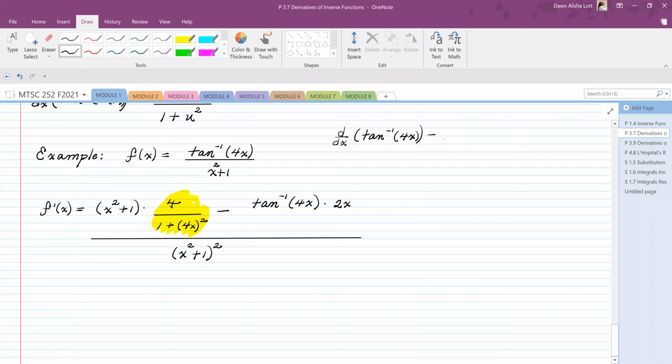It says take 1 over 1 plus 4x squared and then multiply by the derivative, which is 4. So that's that whole piece. So you get the bottom times the derivative of the top minus the top times the derivative of the bottom all over the bottom squared. Okay, any questions about that?